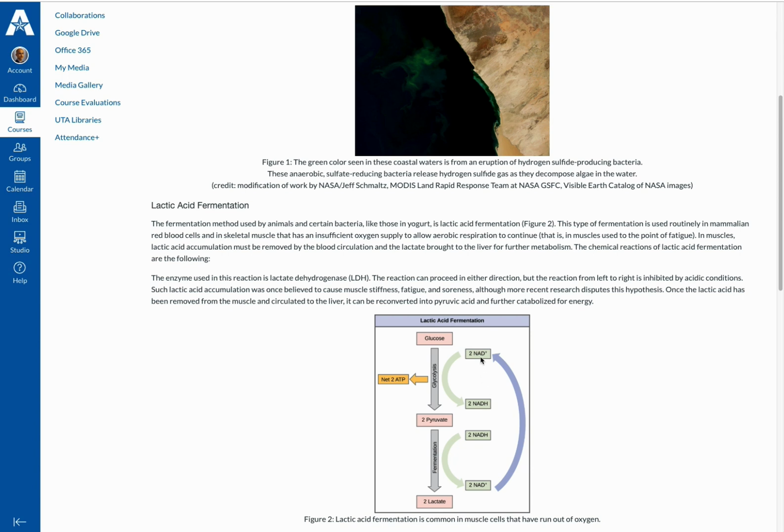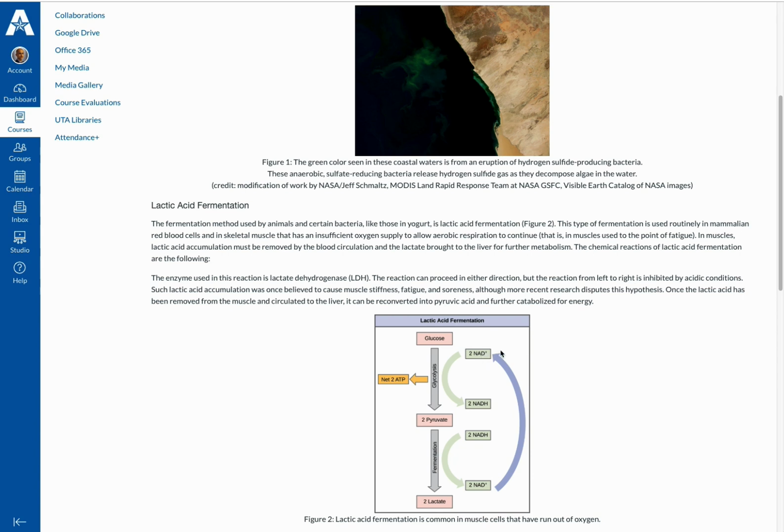And so we need to get back our NAD plus to allow the glycolysis cycle to continue. The way we do that is through fermentation, where we reduce NADH in a different way. Instead of the electron transport chain, we reduce it through fermentation, where pyruvate is converted into lactate, and then we get our NAD plus back, and the glycolysis cycle can continue.